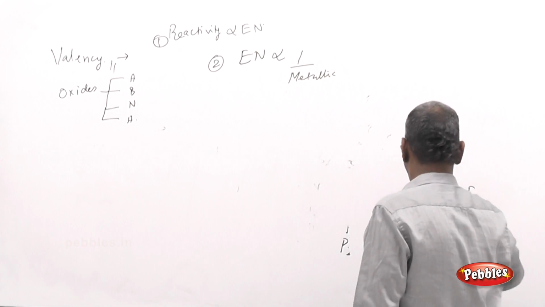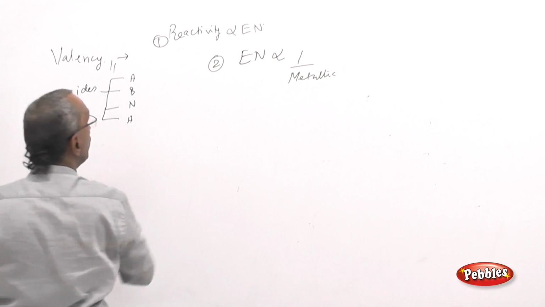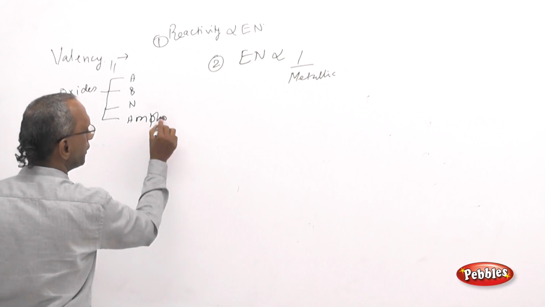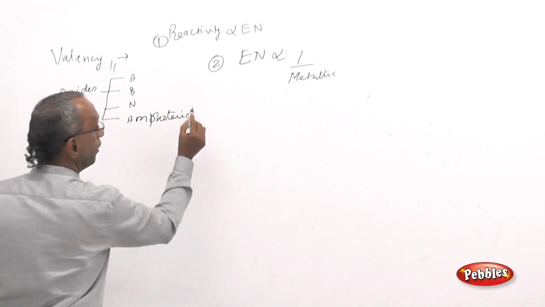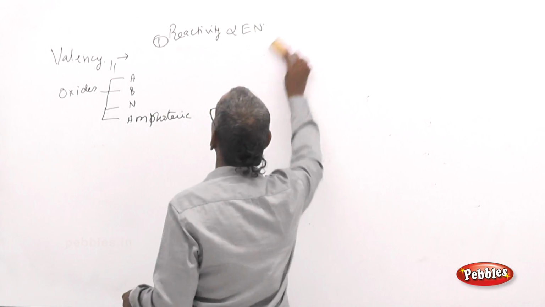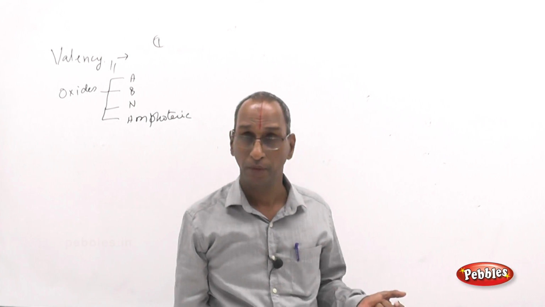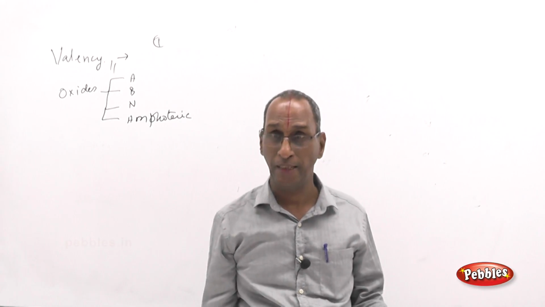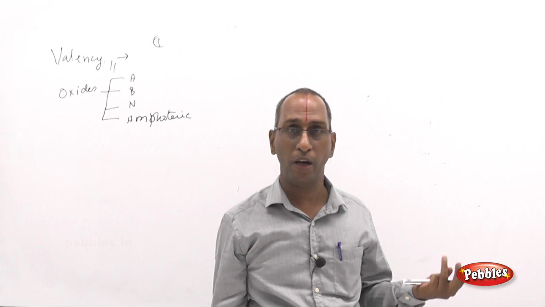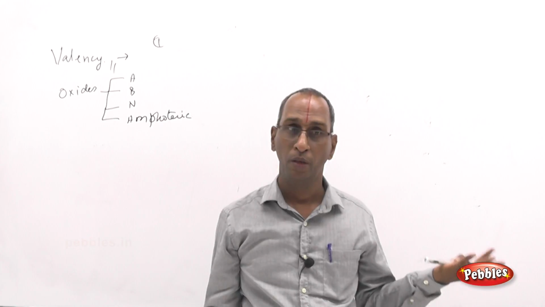Oxides are of four types: acidic oxides, basic oxides, neutral oxides and amphoteric oxides. Acidic oxides are the ones which, when dissolved in water, reduce the pH. Nitric oxide gives nitric acid, sulfur oxide gives sulfuric acid, chlorine oxide gives chloric acid, perchloric acid, like that.